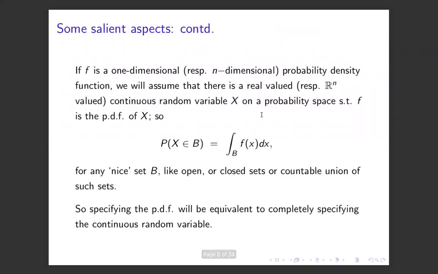For that, you recall that if the function is a very nice function and B is a set like the interval (a, b), this denotes the area under the curve f over the interval (a, b). And when you take a singleton point, the area over that is going to be zero.